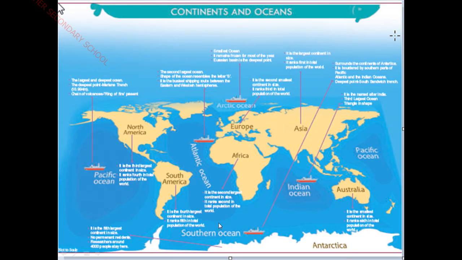For example, see here, this is India, a land area, and Sri Lanka is also a land area. South India is also land area, which is divided by the water in between. A water body like this is measured using latitude degrees.